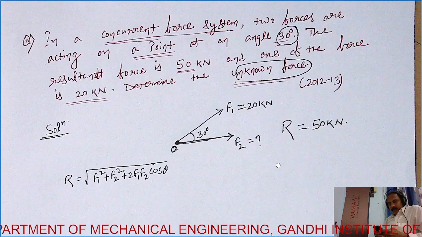We can write this equation as R square is equal to F1 square plus F2 square plus 2 F1 F2 cos theta. What is given to you here? The resultant is 50 kilonewton, F1 is 20 kilonewton, and theta is 30 degrees.